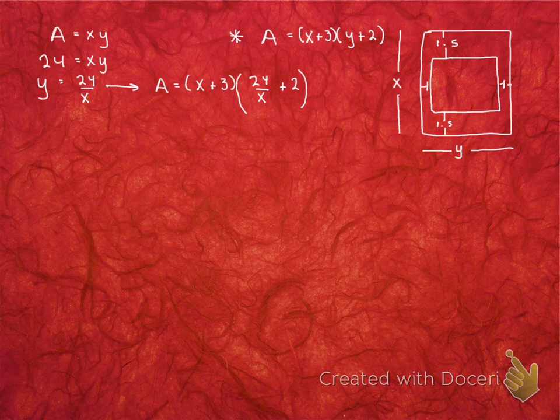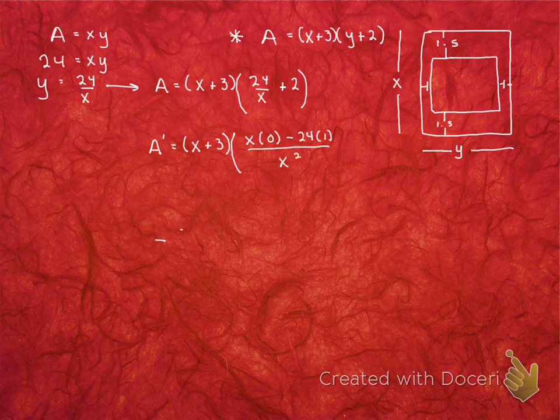Now, we could use the product rule, I guess, and find the derivative of that. Okay, so x plus 3 times the derivative of 24 over x, because the derivative of 2 is 0, we would get x times the derivative of 24 minus 24 times the derivative of x all over x squared.